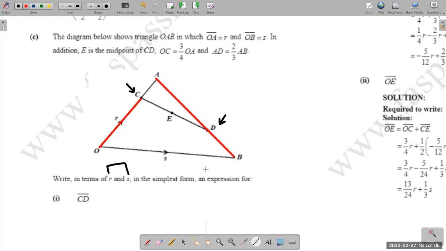Did they give us anything for OA? Oh, yes, they did. Oh my God, guys, I realized what happened there just now. Do you know that R is not from O to C? Where is R? R is the entire OA line. Okay, now I understand, because I was like, this is why I thought it was hard. Okay, it ain't so hard no more. This entire line is R.